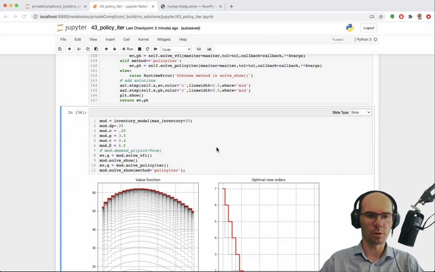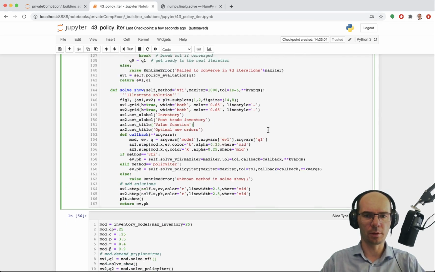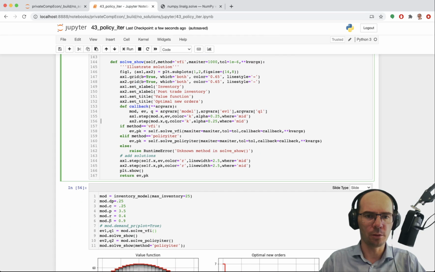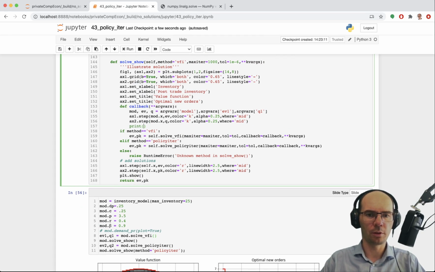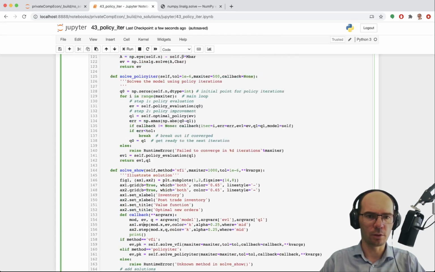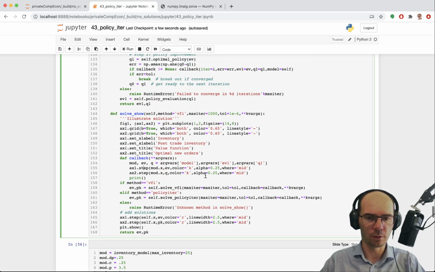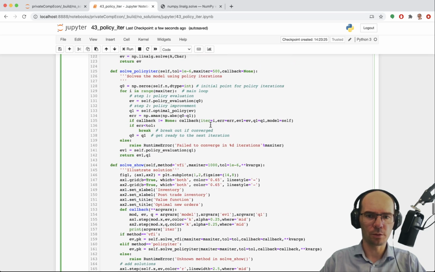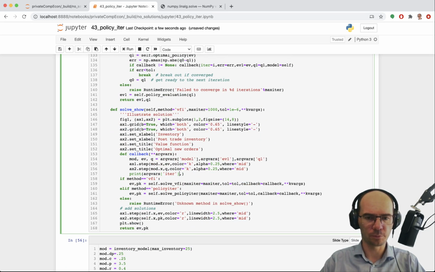Okay, well, let's first make sure that we get the same answer, actually. EV1, Q1, EV2, Q2. And I also want to calculate the iterations. So in the callback function, let's just print the iteration number. And the iteration is given, right? Yeah. Iter, without the line break.